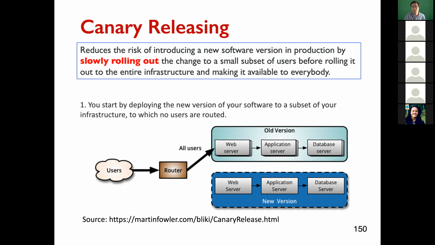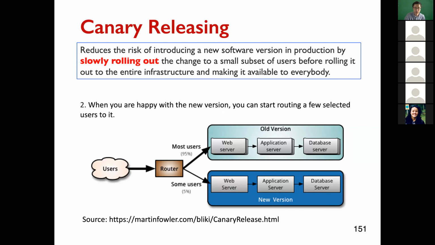We also have two versions here, old version and new version. At the beginning, we deploy the new version of our software to a subset of our infrastructure, for example, to 5% of the servers. But no users are directed to these new versions.